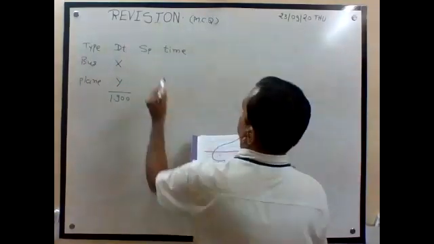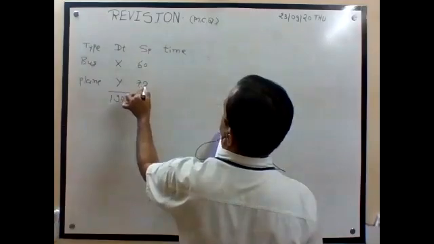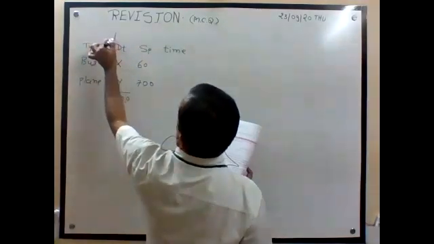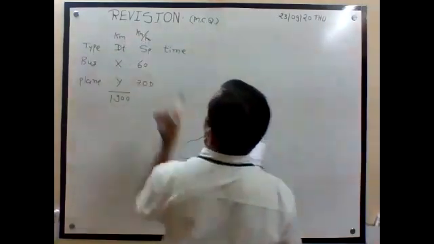Speed both given: 60, 700. This is kilometer per hour.